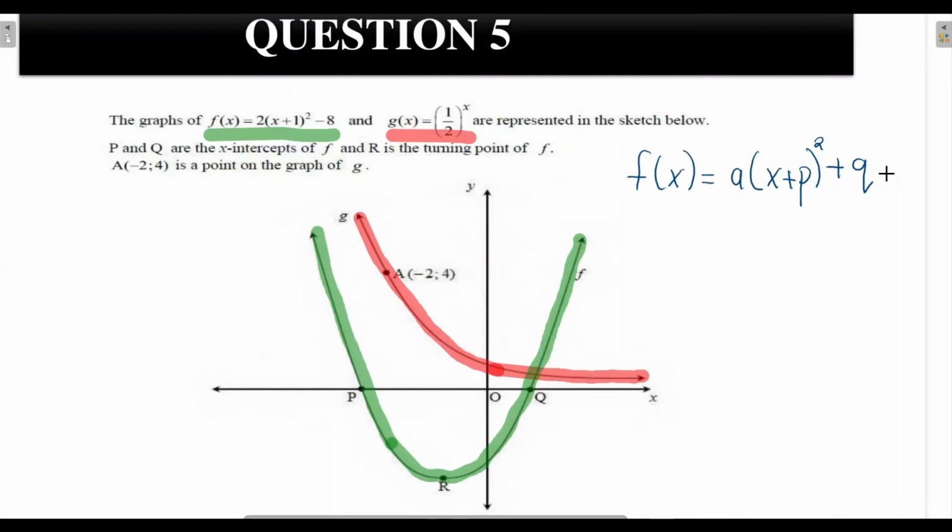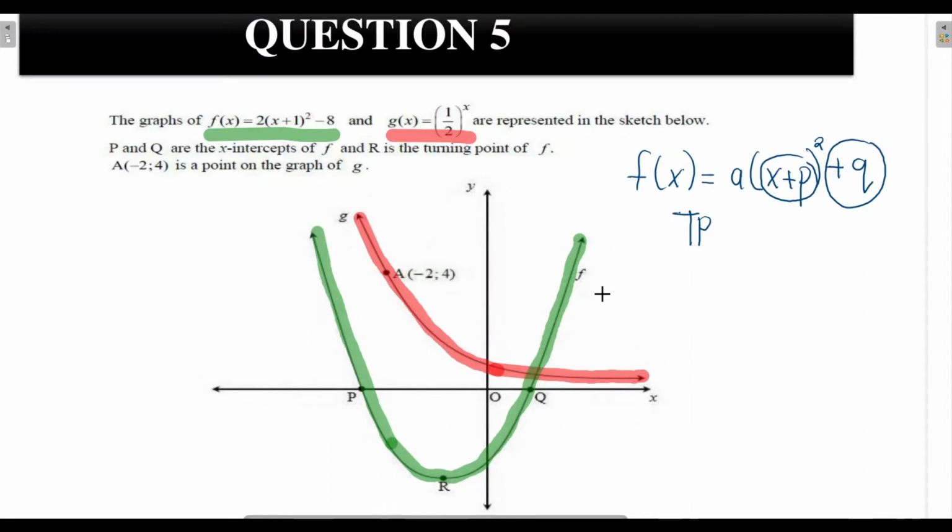If your quadratic function is given in this form, to get the turning point, we literally just use the equation that is given to us. The x plus p expression will give us the value of the x coordinate of our turning point, and the q value will give us the y coordinate of our turning point.